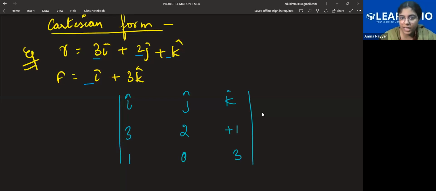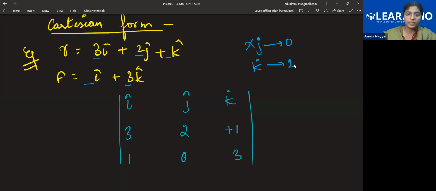And lastly, we have k cap, which is 3 here. If no j cap is present, we write it as 0. If only k cap is present, we write the coefficient as 1. All right, so this is how we have to write.